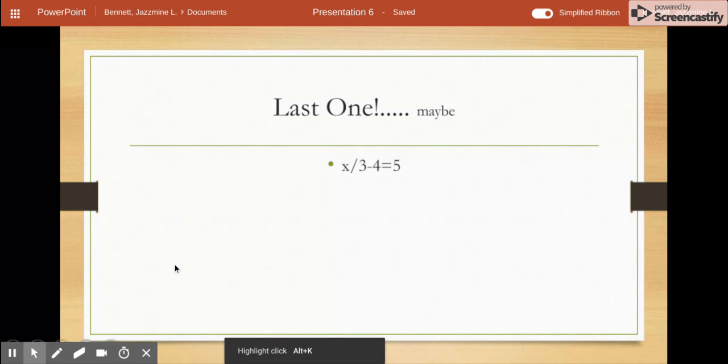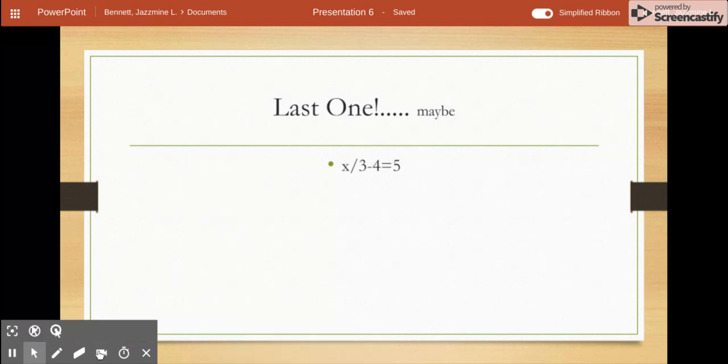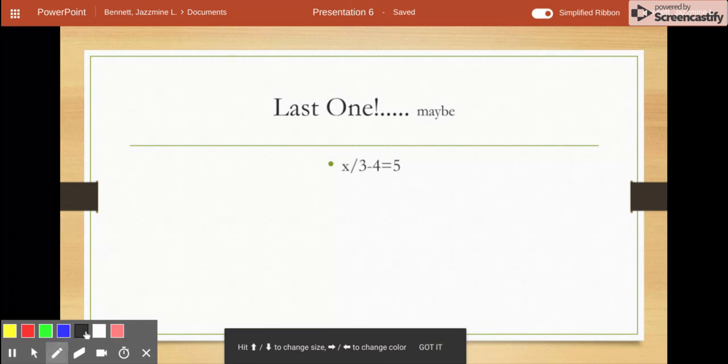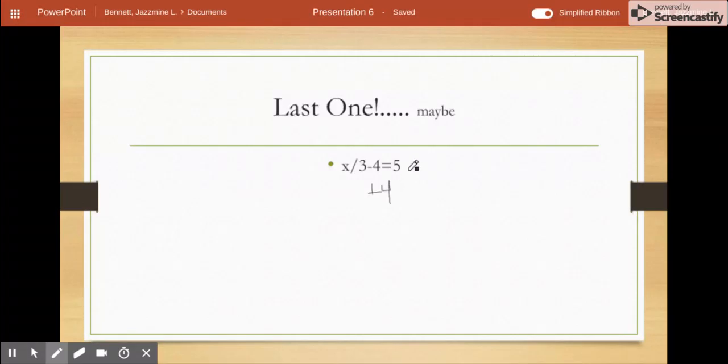We have one more, maybe. This one looks a lot different from the ones that we just did, but it's still very easy. We're going to add 4 to both sides, which is going to leave us with x divided by 3 equals 9.